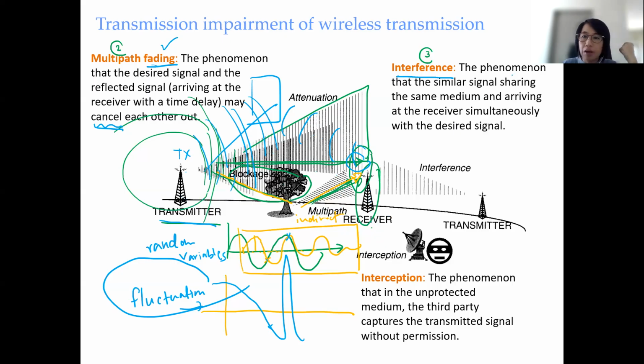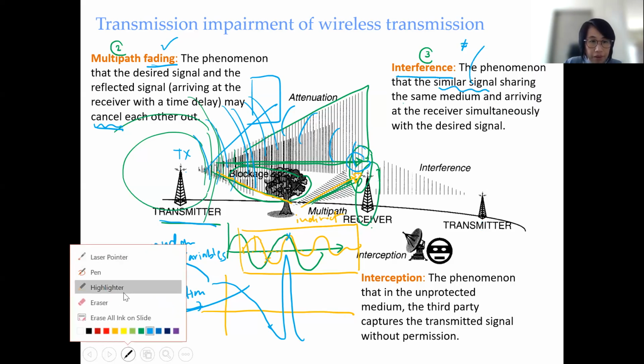It is the phenomenon that similar signals share the same medium. Similar means not the same. Okay. Similar signals sharing the same medium and arriving at the receiver simultaneously with the desired signal. So this is the representation of the interference.